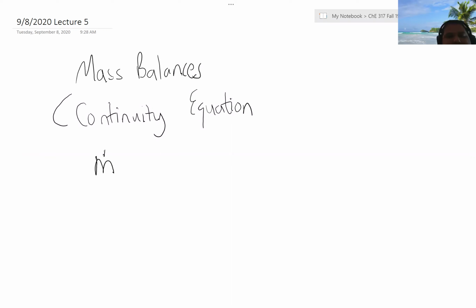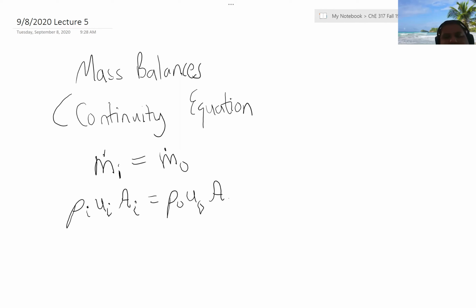Or simply, for most systems, mass in is going to be mass out, or the density in times the velocity in times the cross-sectional flow area is equal to the density out, the velocity out, and the cross-sectional area out.